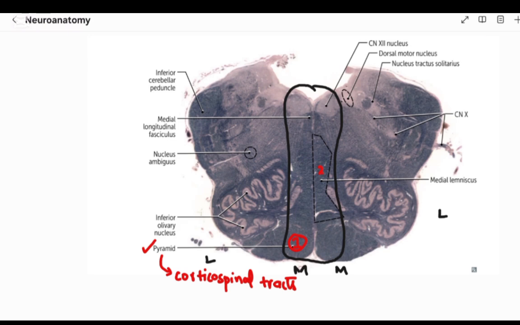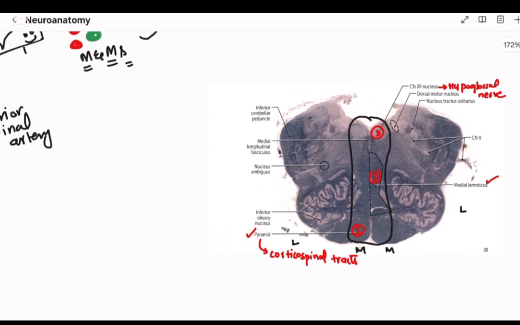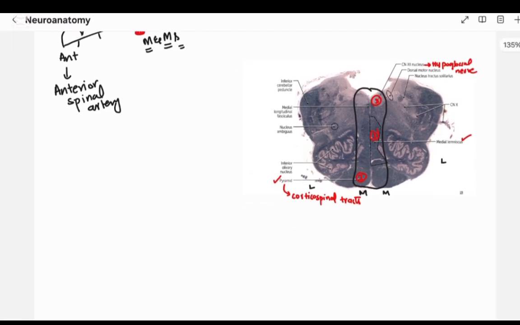The second one is the medial lemniscus, which is for the sensations of position, movements and tactile discrimination, or I can write it in inverted commas as proprioception. And the third thing is the cranial nerve 12 nucleus, which is the hypoglossal nerve.